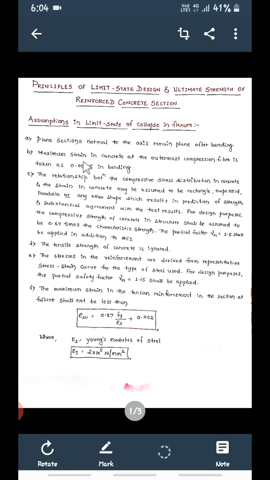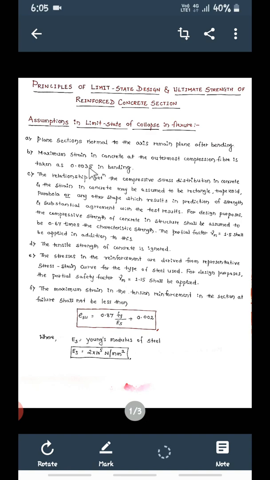Consider when the beam is subjected to loads: when the load increases, stress and strain will increase up to failure. So at the time of failure, the maximum strain in concrete at the outermost compression fiber is taken as 0.0035. There is no unit, because strain has no unit.